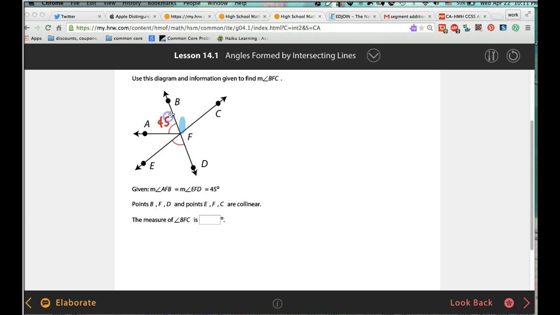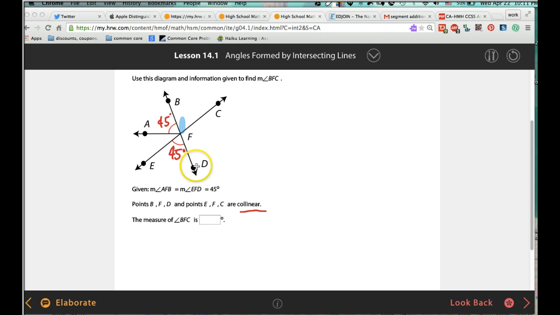So I'm going to write that down, 45 and 45. Then it says points BFD and points EFC are collinear. What that means is EFC are all on the same line, and BFD are all on the same line. That's what collinear means. So what is the measure of angle BFC?